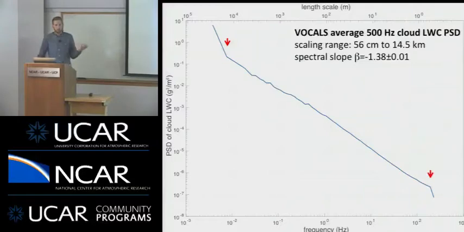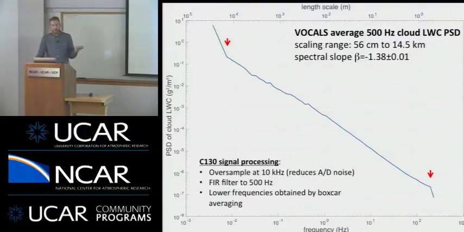Now again, if it were turbulent, we would expect it to be -5/3 or -1.66. But we're close, and we actually expect a slight shallowing of this power spectrum because cloud drops have inertia. They're not just passive tracers. And it's been shown in DNS studies that as you increase the inertia or the mass of the drops, or the Stokes number, if you will, you see a flattening of this spectral slope. So what's different?